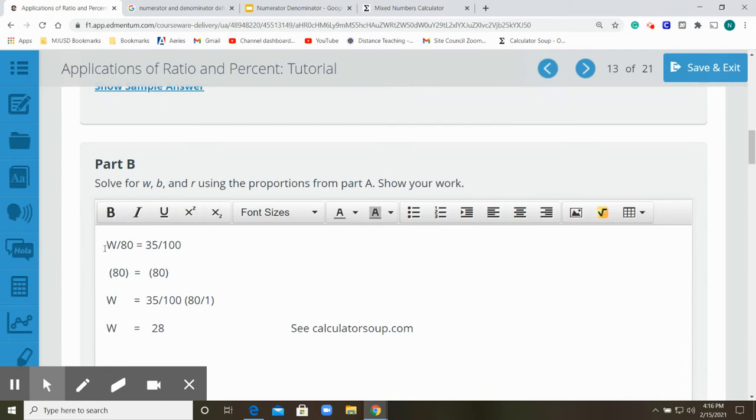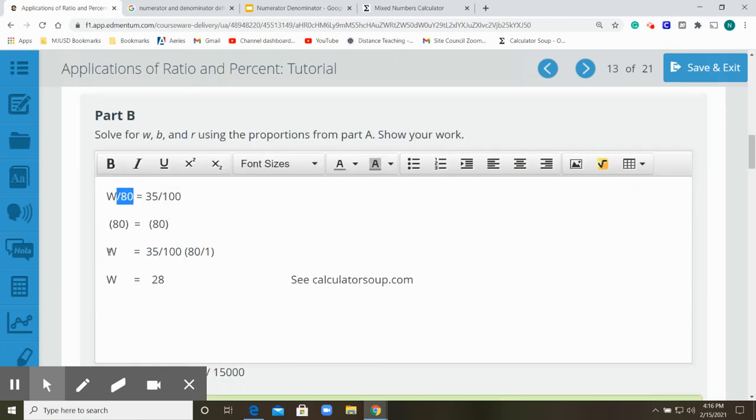So if the number of white strands out of 80 is equal to 35 out of 100, or 35%, we can then multiply by 80 to get rid of it and to get the W by itself. We do both sides multiplied by 80.